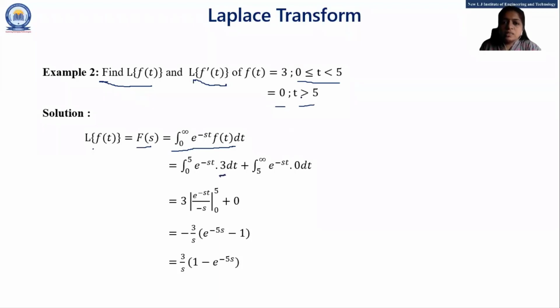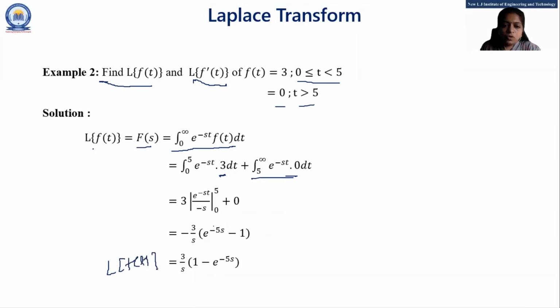And when t is greater than 5, meaning 5 to infinity, our function is 0, so the second term is 0. In the first term, 3 times e raised to minus st upon minus s, from 0 to 5. By putting the upper limit, e raised to minus 5s, minus e raised to 0, which is 1. If we simplify this bracket, we get 3 by s into 1 minus e raised to minus 5s. This is Laplace of f of t.